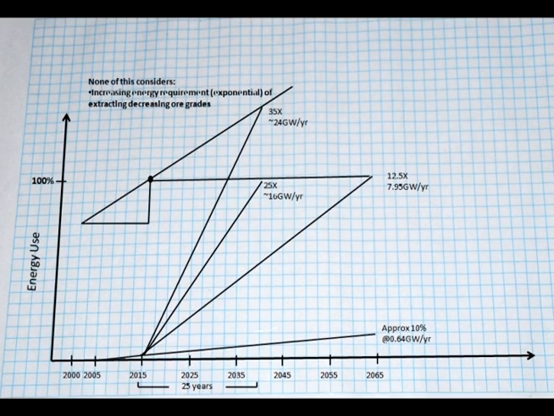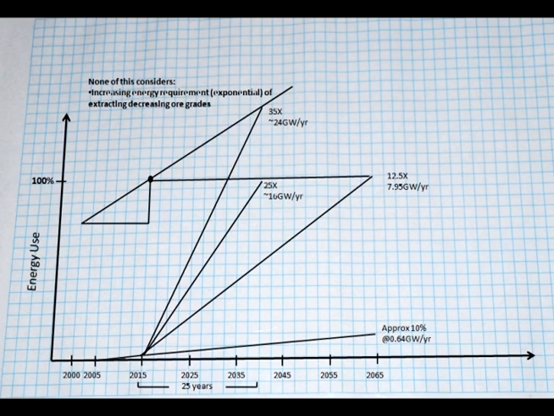Now, as large as this task may seem, there's plenty of things I haven't considered that make the scenario even worse. One example is that as we go forward in time, we're still requiring, for instance, metals to be used in our daily lives.